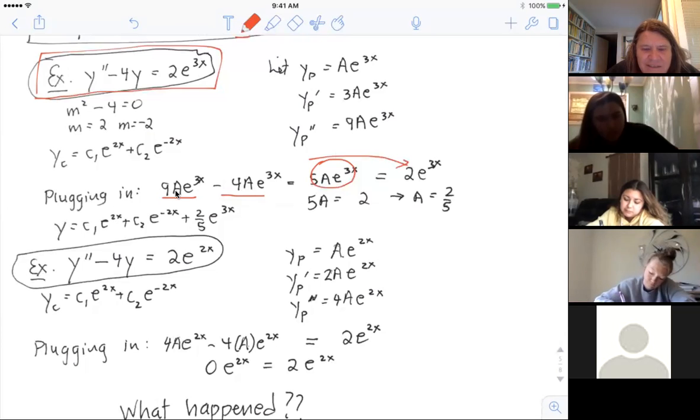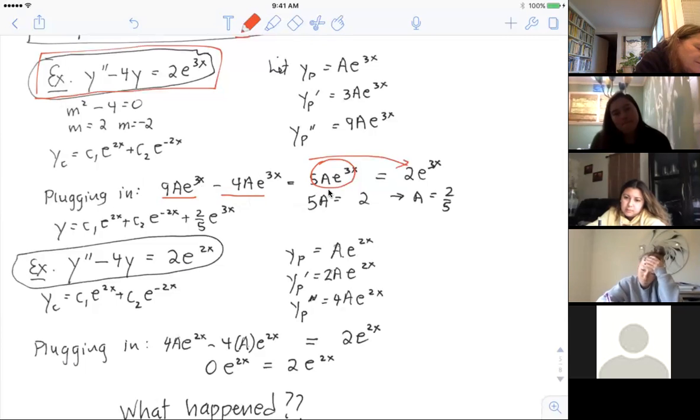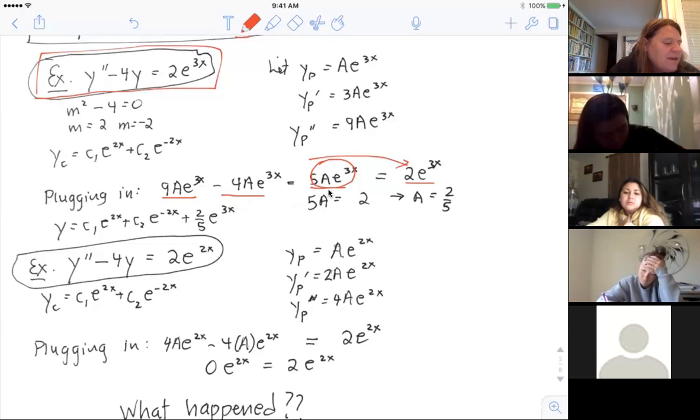If you subtract those two things, oh, I did need that there. These are terms, and sometimes it's hard to even see the terms to combine. But 9a e to the 3x minus 4a e to the 3x is 5a e to the 3x. I want that to match on this. It's easy. A is 2/5.